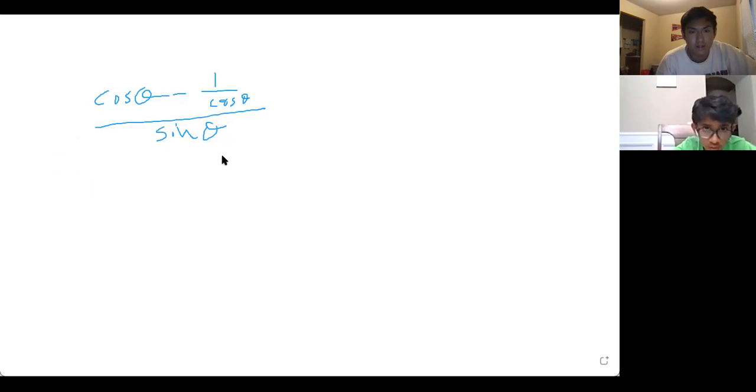From there, I multiplied it by sine to get rid of the denominator. So this side becomes cosine theta minus 1 over cosine theta equals negative tan theta sine theta.